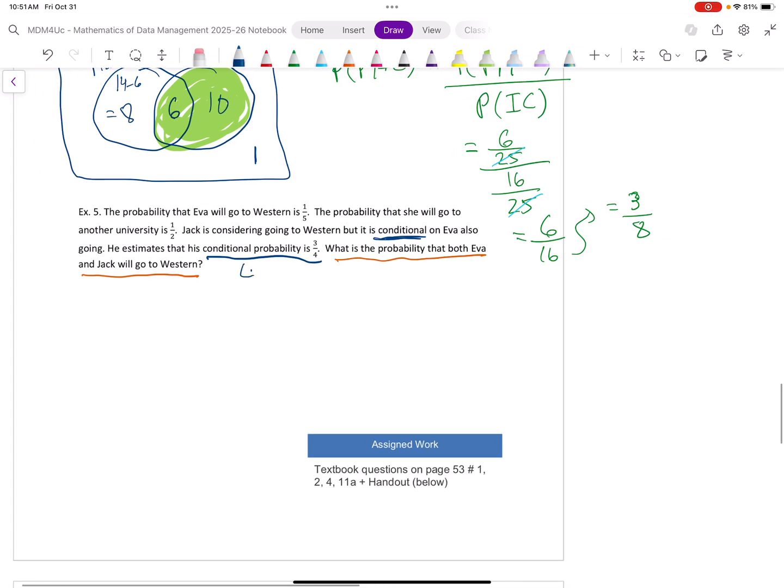So I'm going to start here with the conditional probability. Let's say A is Eva goes to Western. So we have 2 situations. And B can be Jack going to Western. Those are our 2 situations.